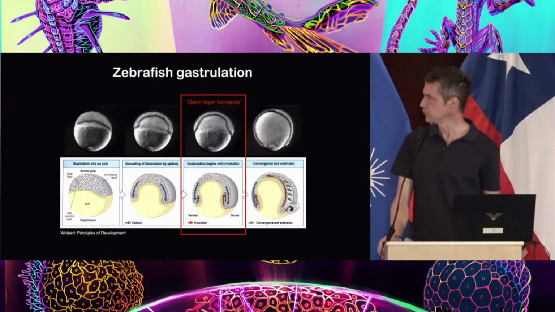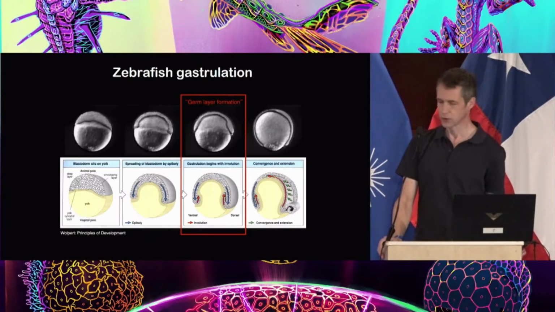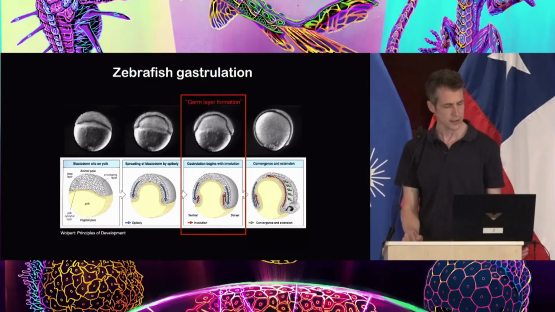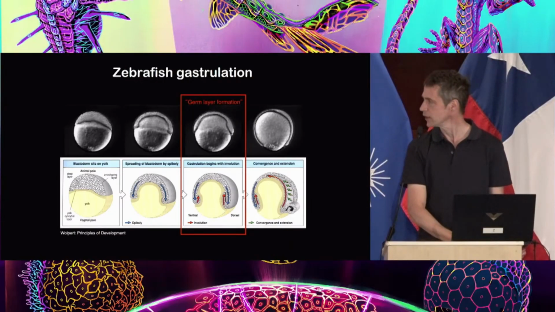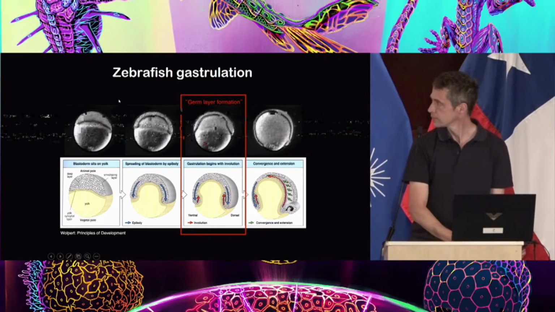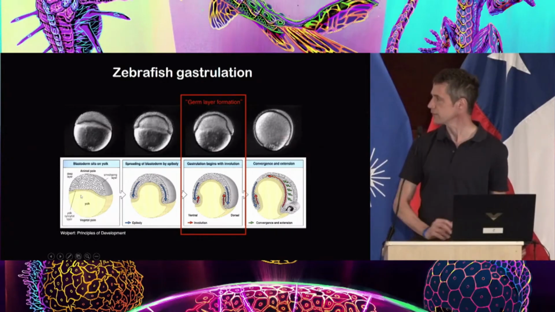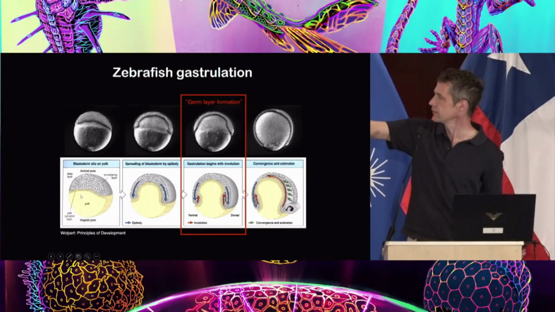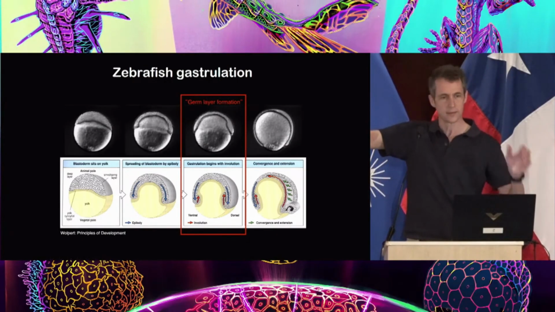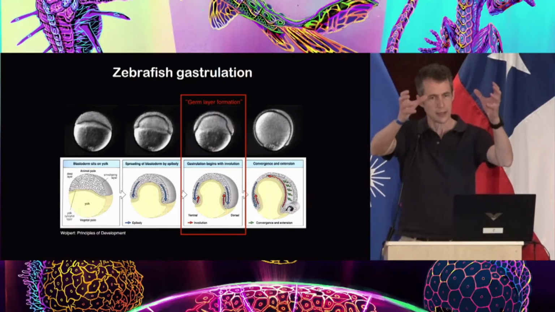Now, I put in a few stills of this movie, showing in the schematics down there what is happening, just to introduce you to the process we would like to understand, maybe feeding in the surface tension idea. You start here on the left side with this undifferentiated cluster of cells, and then this clutch of cells is spreading over the yolk cell.